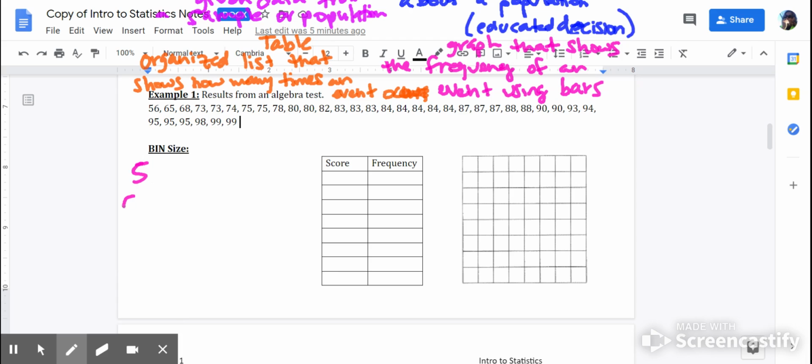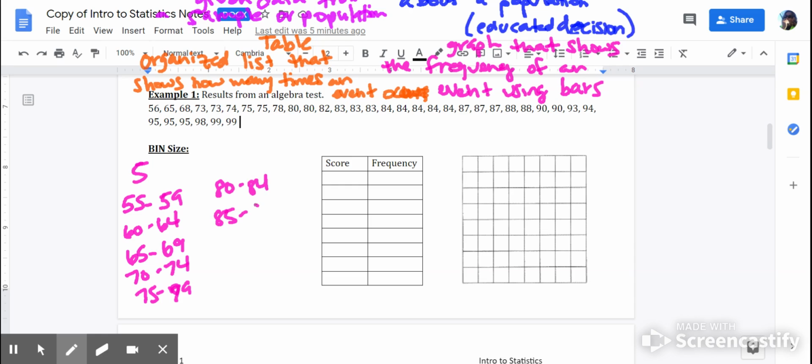So I'll start with 55 and go to 59, then I'll use 60 to 64, 65 to 69, 70 to 74, 75 to 79, 80 to 84, 85 to 89, 90 to 94, and finally 95 to 99.